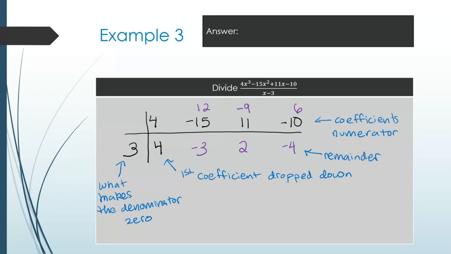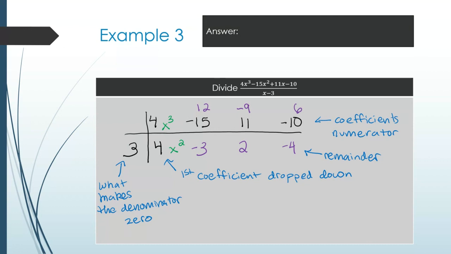So now I've just gotten a series of numbers, and the question might be, well, what does that mean? So we started with something that was x cubed. When you're dividing, you're losing a power, so that becomes x squared. And then you just count down from there.